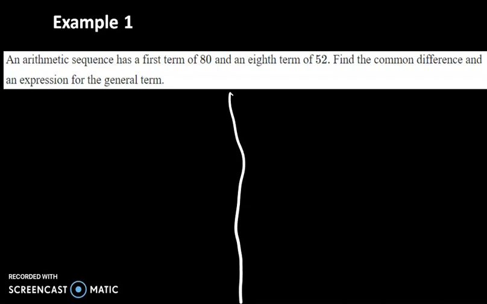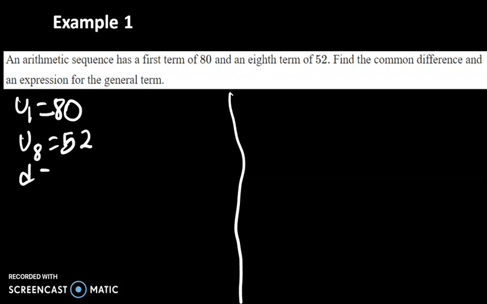So they gave us u1 is 80, and u8 is 52. It's important to write what's given to you to make the calculation easier. What we are asked is the common difference, which is d, and the general term, which is un.